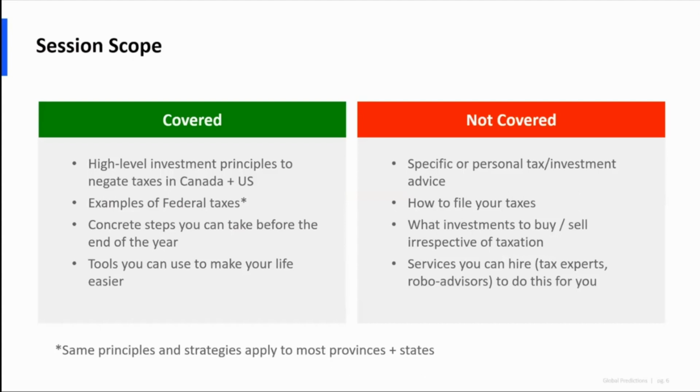So today we're going to walk through some high level investment principles to basically negate taxes on capital gains in Canada and in the US. I'm not going to be giving specific personal tax or investment advice. We'll cover mostly examples with federal taxation. The good news is that no matter what province or state you're in, the principles will basically be the same.